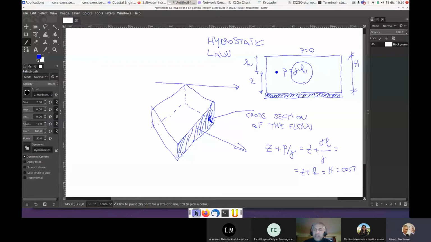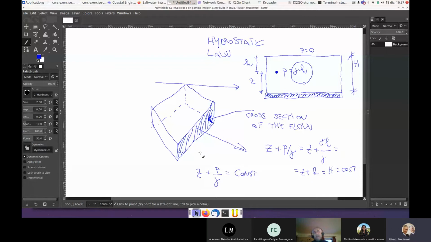Why is it constant? Because this is a free water surface at zero pressure, which means that it's horizontal. This is the hydrostatic law. The hydrostatic law says that Z, elevation of a fluid particle, plus P divided by gamma is equal to a constant.